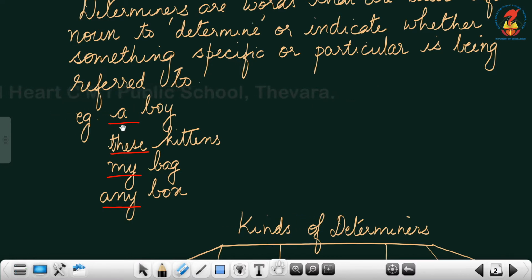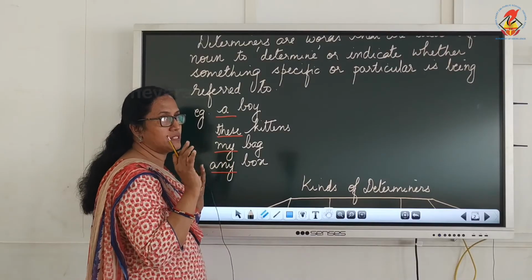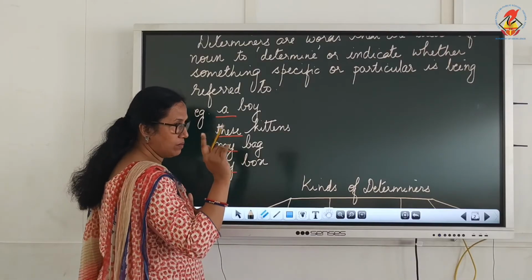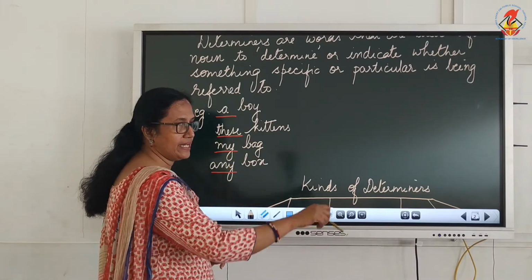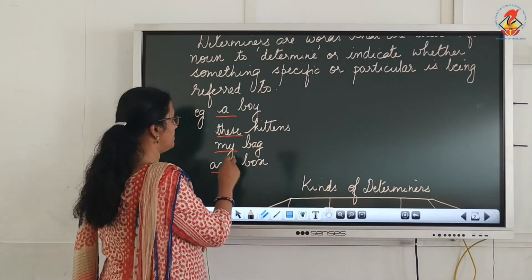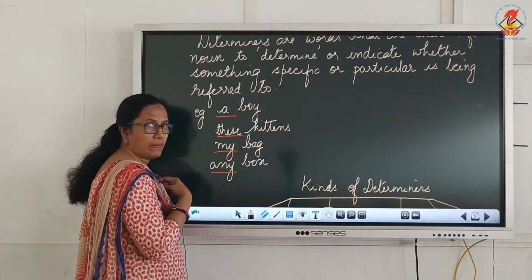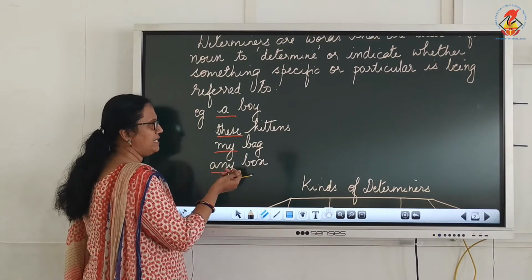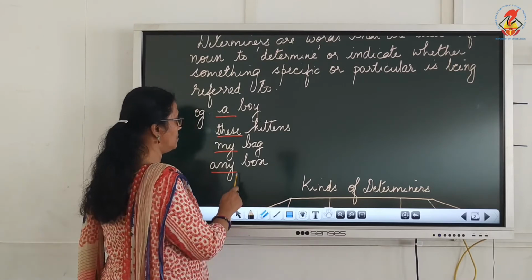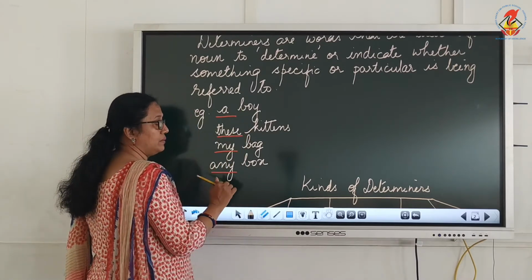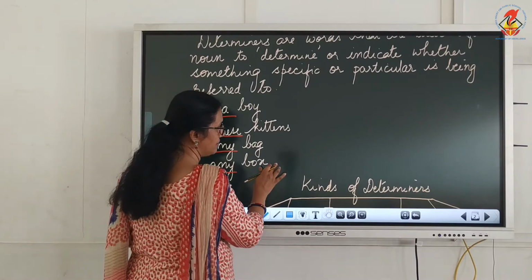So here, a boy, just one boy. These kittens, so here they are indicating who we are talking about. My bag, any box, you can pick up from there. That is how you come to know what determiners are.